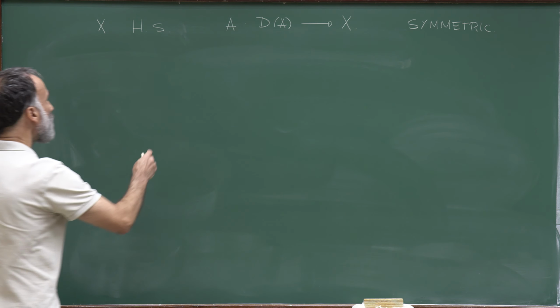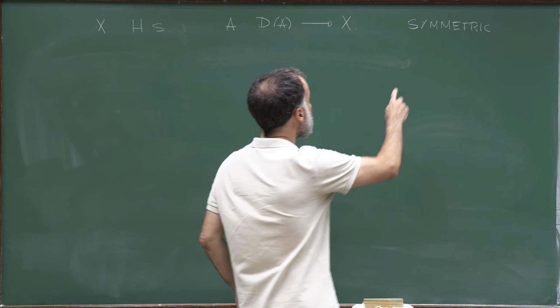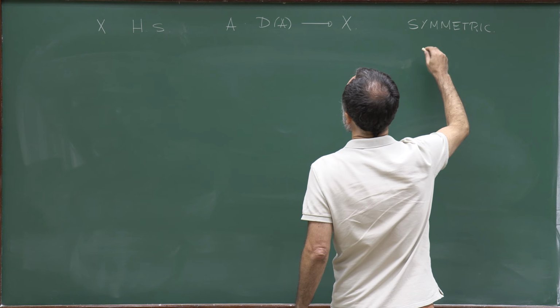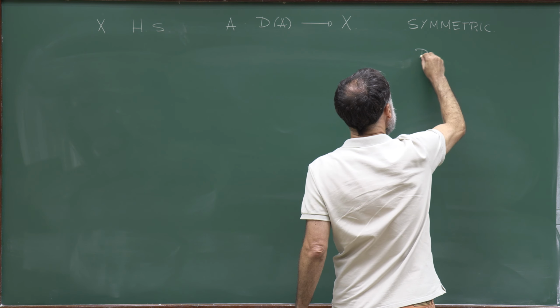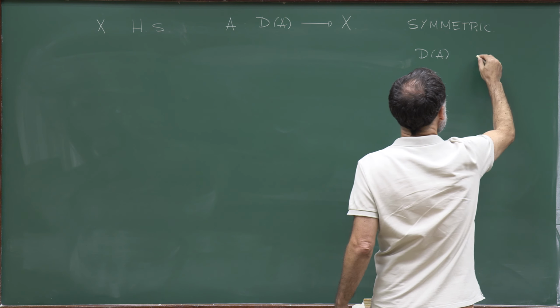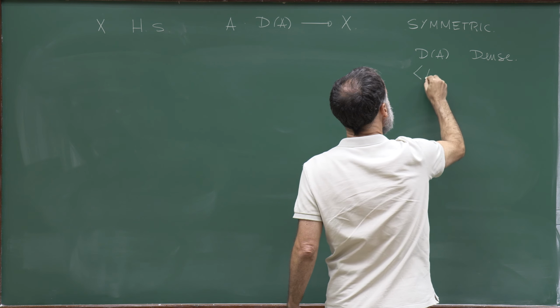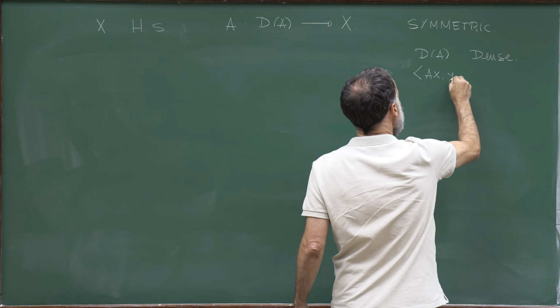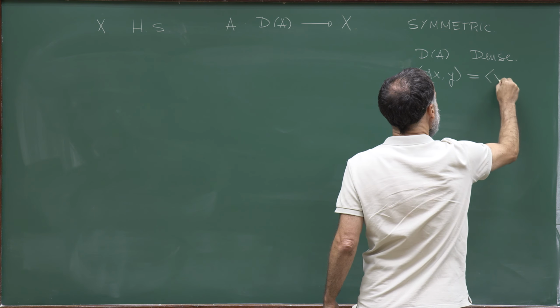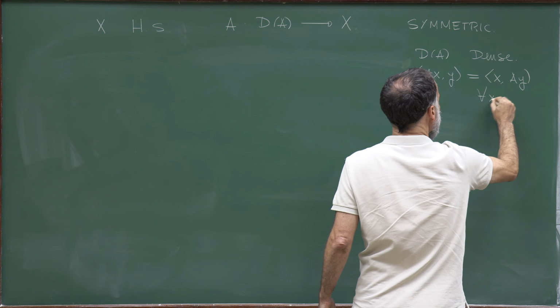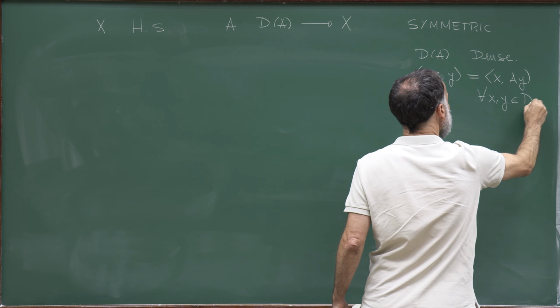So up to now, I assumed that A is a symmetric operator. So remember, A being symmetric means that D of A is dense, and that (Ax, y) is equal to (x, Ay) for all x, y in the domain.